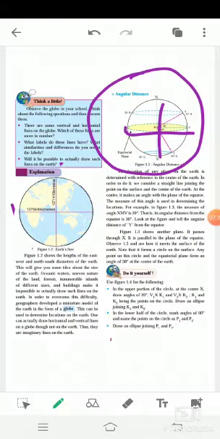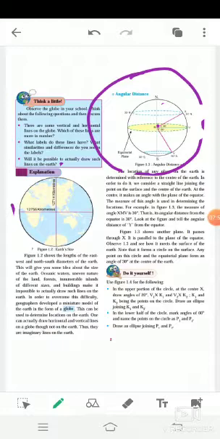Now from here, if you take the center point, this is the center point of the earth. From here you can check the location of wherever place you want to check.